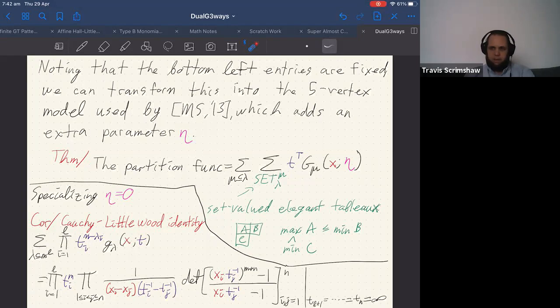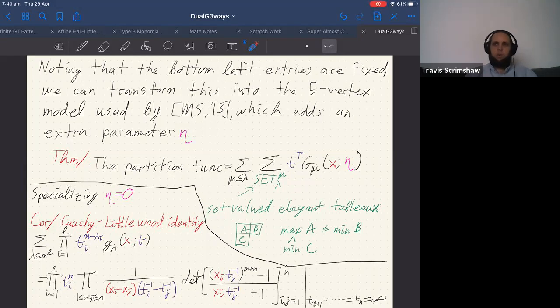Maybe someone knows an object out there that both increases and decreases like this in some natural and important way. But I'm going to look at what happens when I specialize eta to 0, because in that case we know that we have a nice determinant formula for this lattice model coming from a lot of classical analysis.